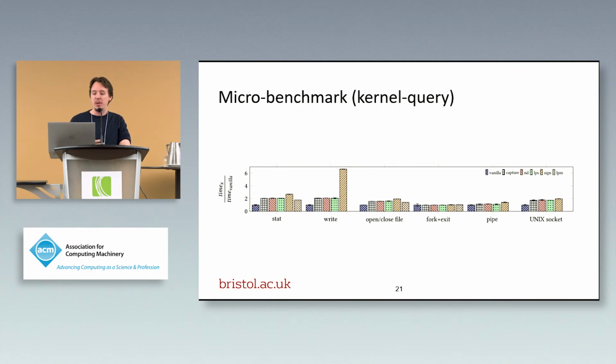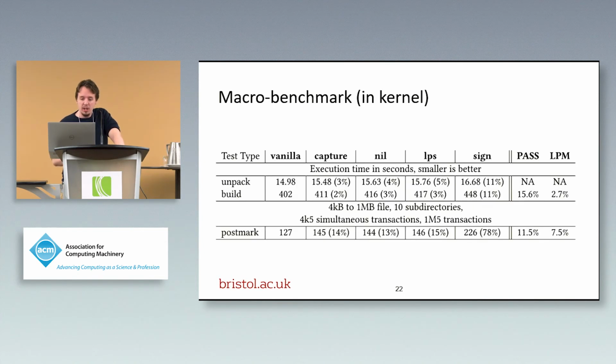So if you have a very expensive system call comparatively to others, for example, fork, this overhead will be the same in absolute value as for the write system call. But because the write system call value relatively is smaller, the overhead in percent or multiplier is much larger. And the sign query has a much larger complexity when compared to the nil and LPS query.